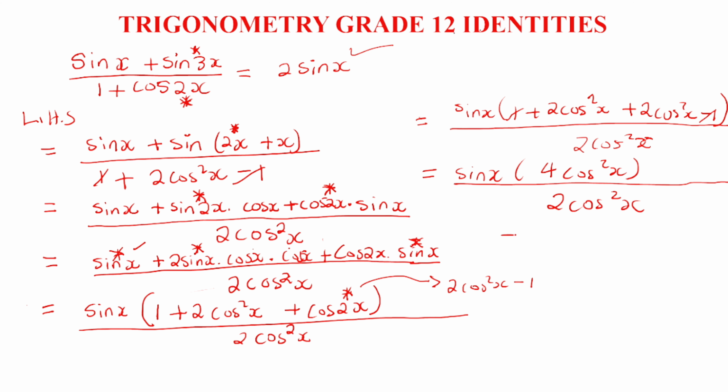Now when you look at this, these are the same. Cos squared x cancels out with cos squared x, and then 4 divided by 2 gives us 2, and then here we've got 2 sine x, which is equal to the right hand side.